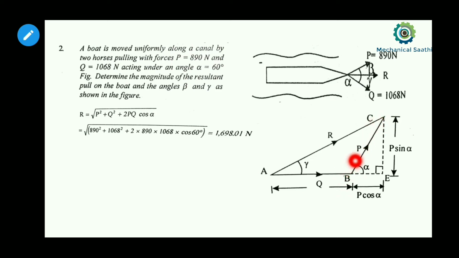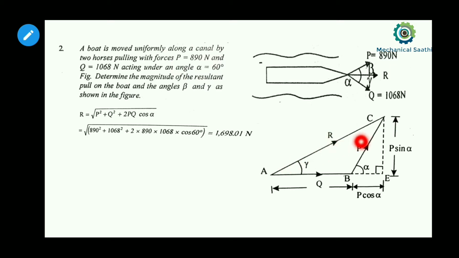As this angle is alpha, this angle will also be alpha. The resultant and Q are inclined with gamma, so that is also gamma. We have shown that over here, but we did not show the value of beta.